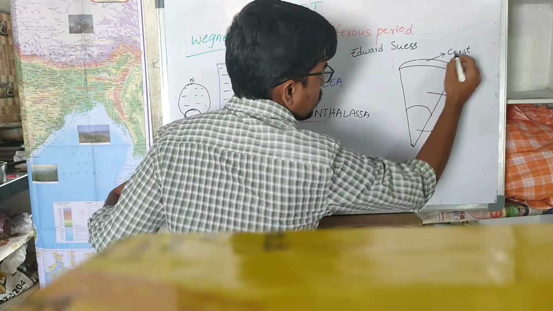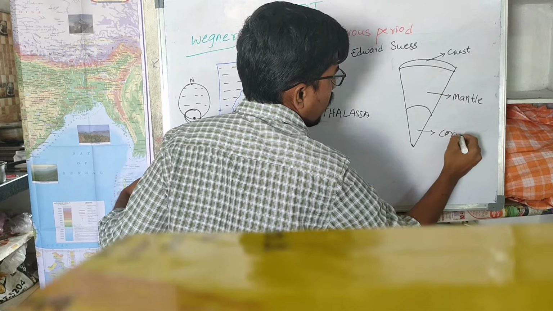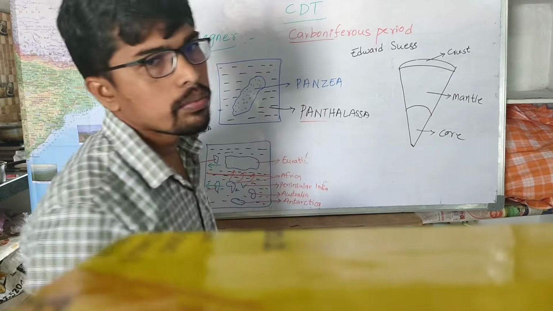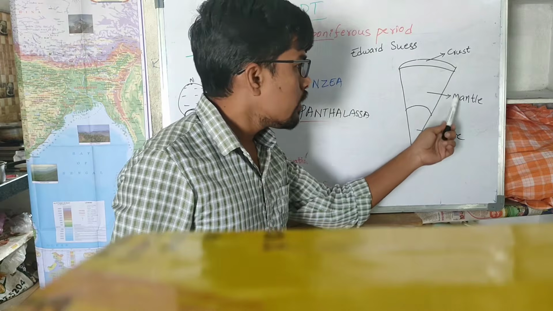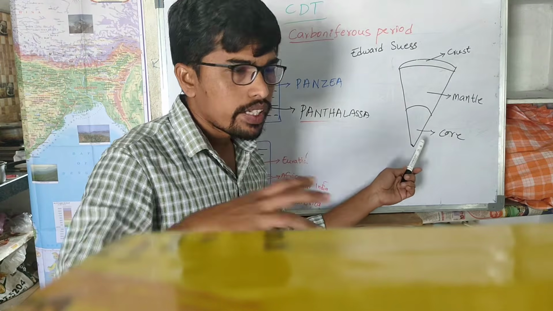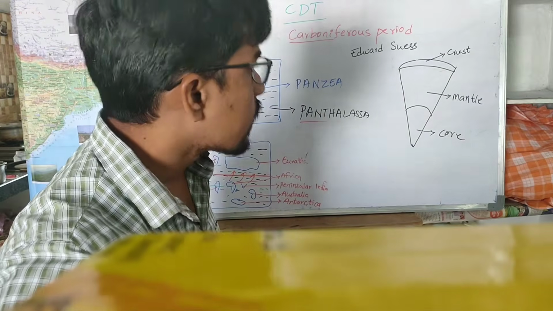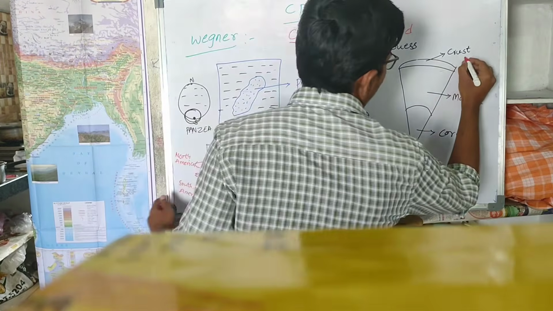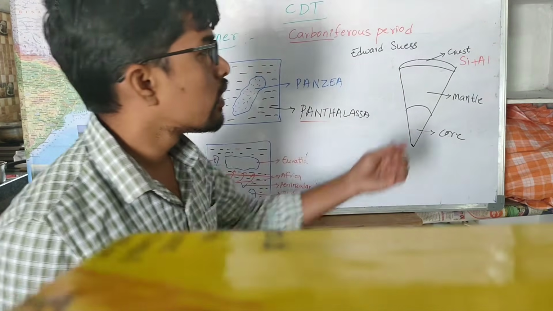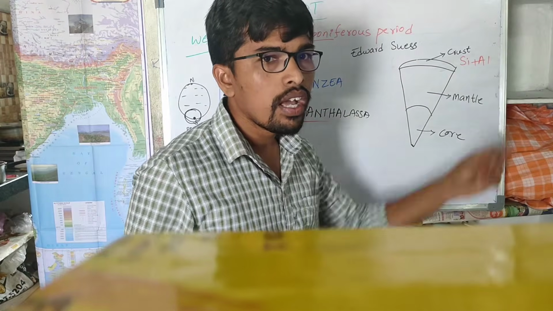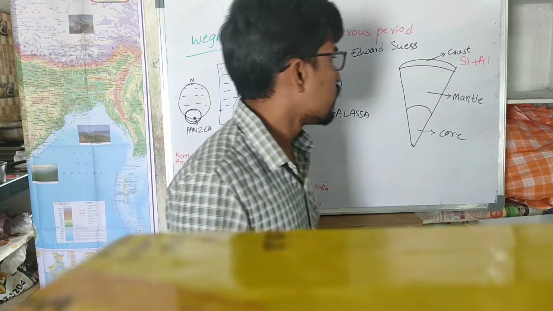The first one is the crust, the second one is the mantle, and the third one is the core. The upper layer of the earth is the crust, the middle layer is the mantle, and the lower center part of the earth is the core. According to Edward Suess, the crust is made up of silica and aluminium. These are the minerals found in the topmost layer, the crust layer of the earth.